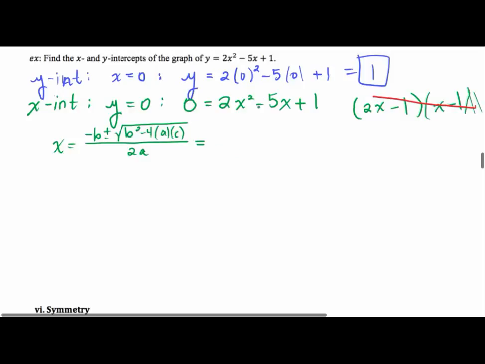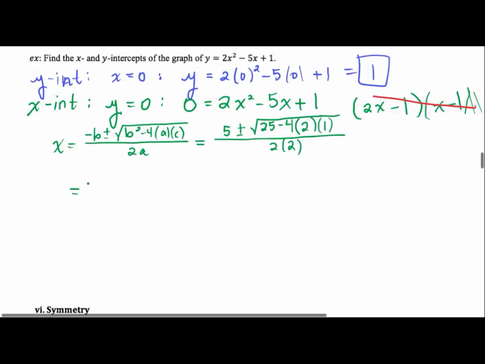Okay, so b is negative 5, so negative b is positive 5, plus or minus the square root of b squared, which is 25, minus 4 times a, the coefficient of x squared, which is 2, times c, which is positive 1, all over 2a, which is 2 times 2.